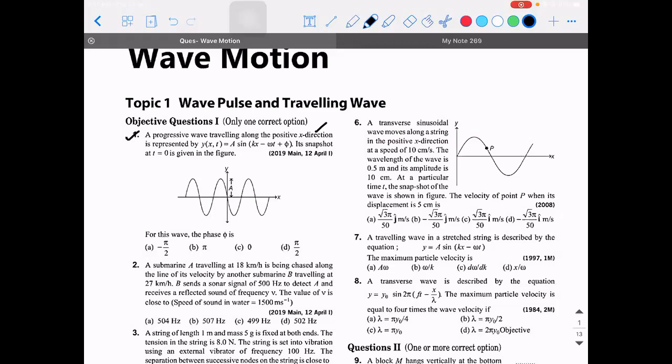What is your answer? Is it pi? Tell me, is it pi? The answer is yes. But what is the reason?